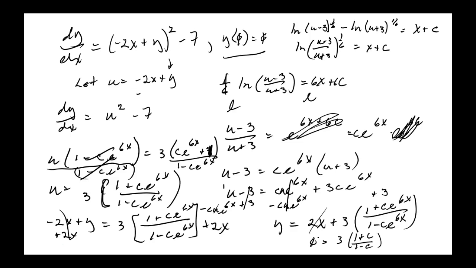So obviously c can't be 1. Otherwise we'd be in a really serious trap. So the only way that would be true is if c was equal to minus 1. If that's equal to 0, c is equal to minus 1. Yeah, and that's what they got too.